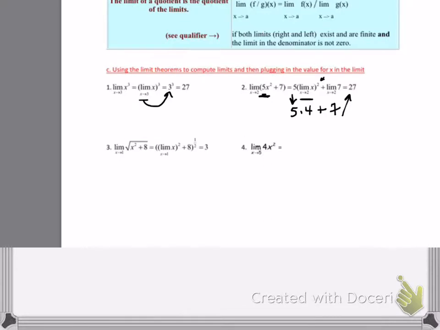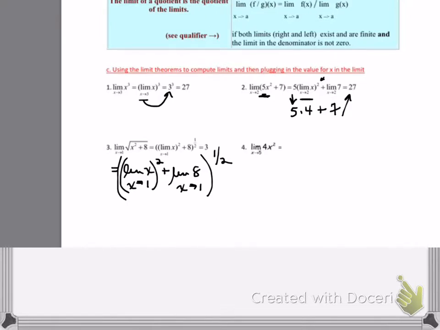Okay, here I'm going to rewrite it one different way. I take the limit of x as x approaches 1, and I square that, and then I'm going to add to it the limit of 8 as x approaches 1. And then once I've done that, I'm going to take the whole thing and raise it to the 1/2 power. So I'm going to look at that function.